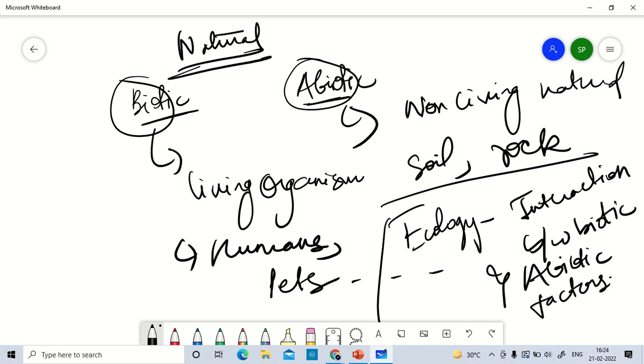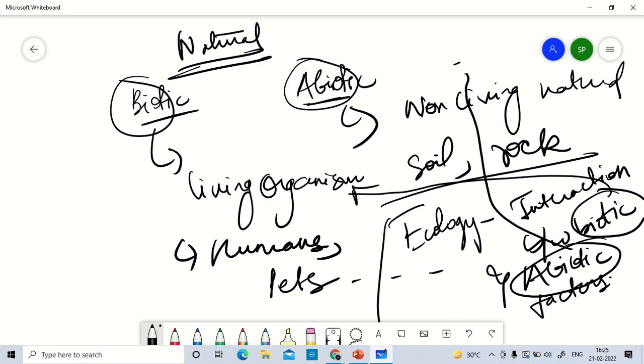Here biotic means the living organisms and abiotic means the physical environment or surroundings, such as water, soil, rocks, trees, all these things.